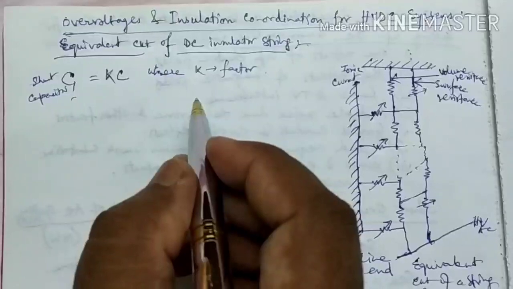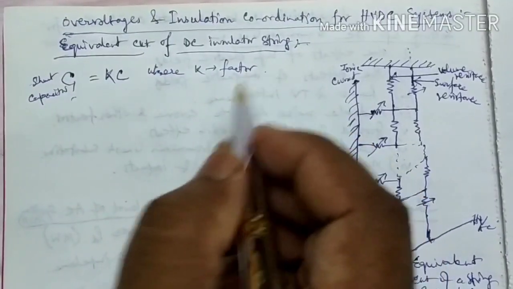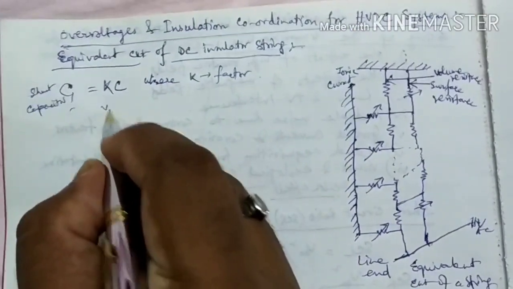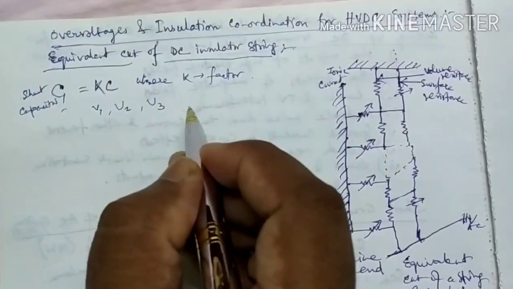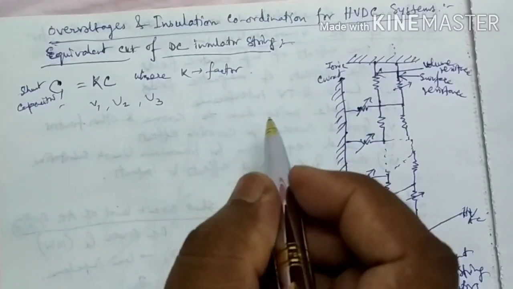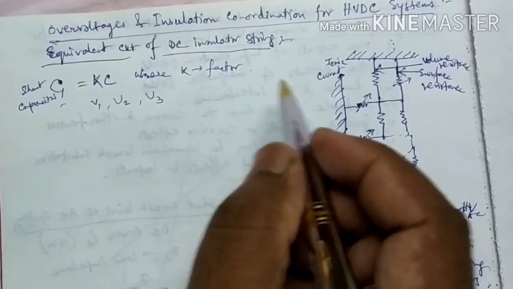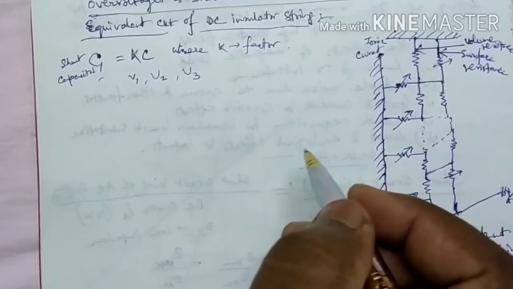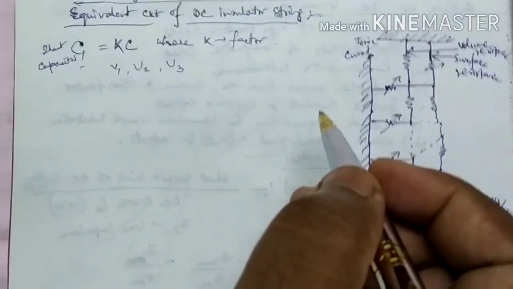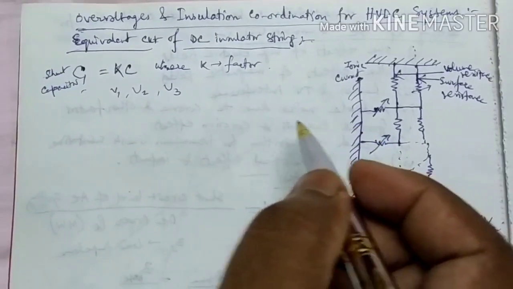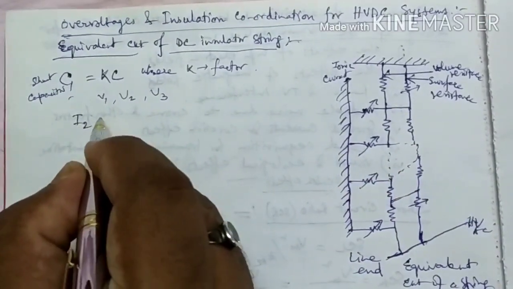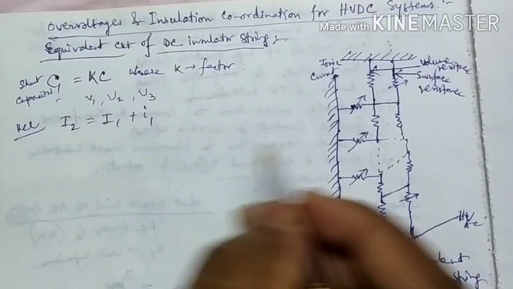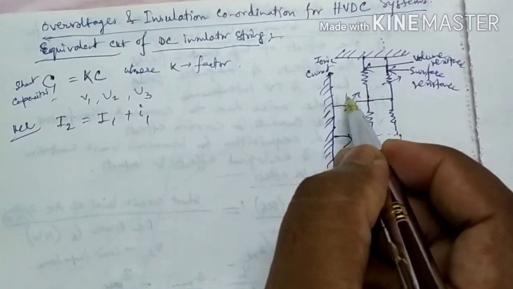And starting from the tower, the voltage across each unit is, suppose, V1, V2, V3. So if Kirchhoff's current law, that is KCL, is applied, then the current I2 will be equal to I1 plus I1, because this resistance will be replaced by the capacitor.